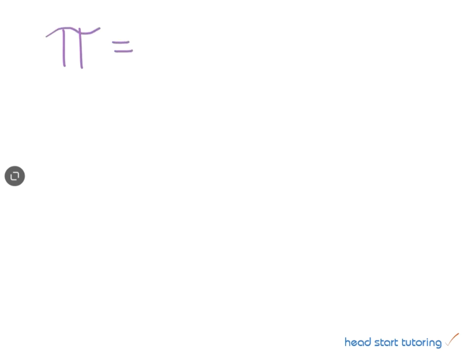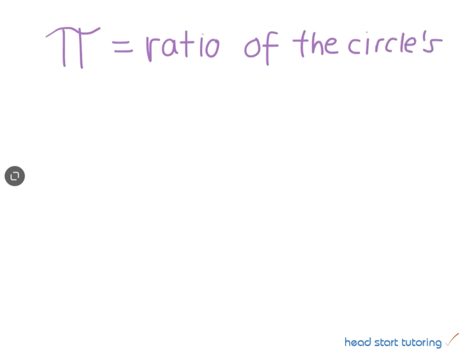Right, if we have a look at pi, we need to understand what pi is. Pi is the ratio of the circle's circumference to its diameter.